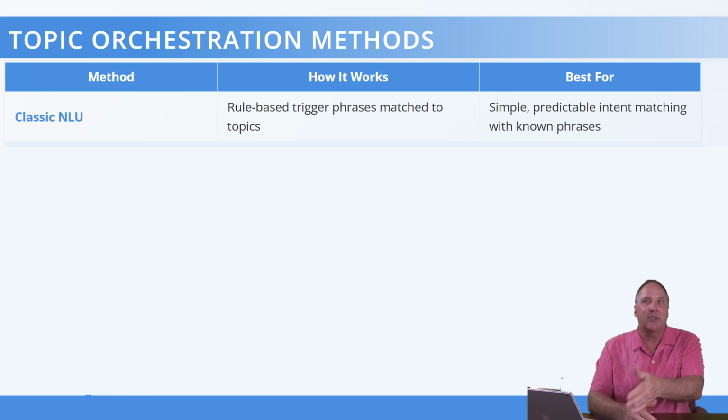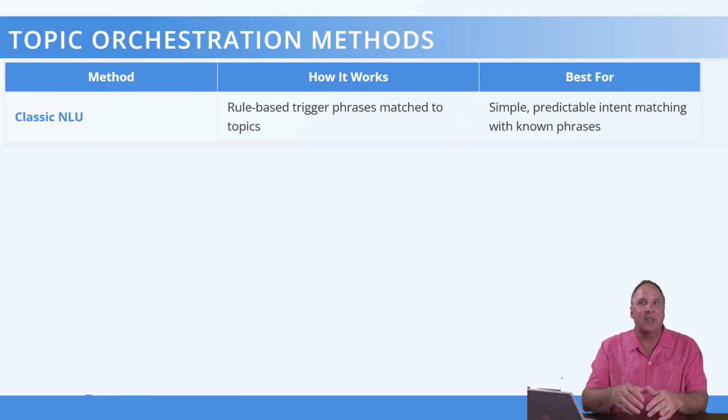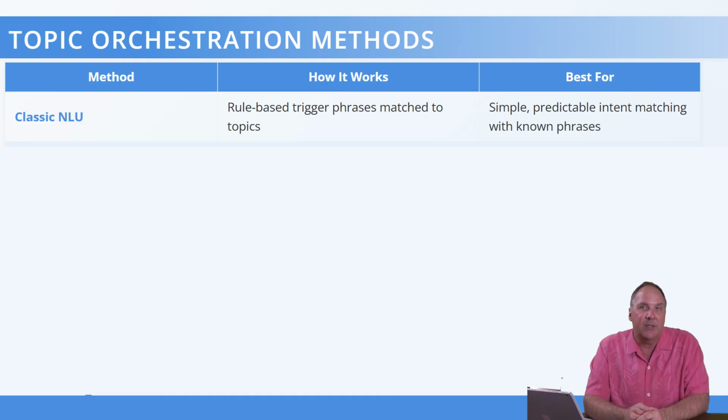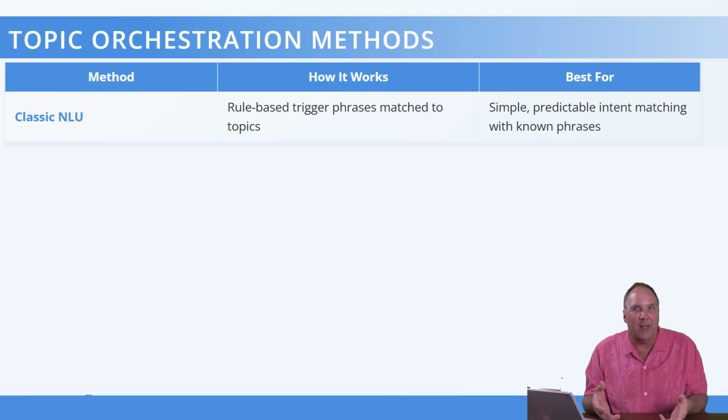Transfer money matches the transfer topic. Classic NLU works well when your user's language is predictable and your intent categories are well defined. It's simple, it's fast, it's easy to debug. It's a little brittle. If a user says, I need to know how much cash I have left, and that exact phrase isn't a trigger, the agent might not match the right topic.